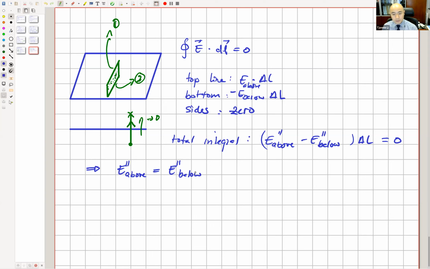Okay. Now, finally, we could also look at the potential above or below.